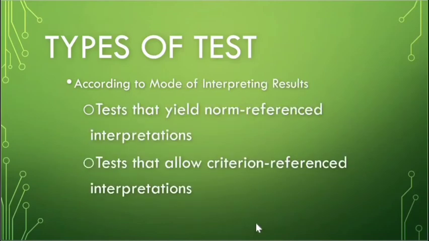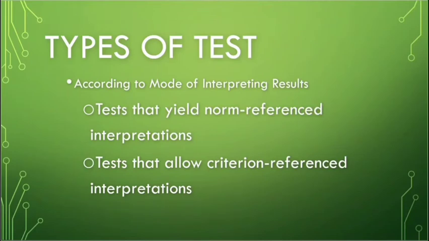Next type of test is according to mode of interpreting results. So there are tests that yield norm reference interpretation and tests that allow criterion reference interpretation. Tests that yield norm reference interpretations refer to survey tests and interest inventories.